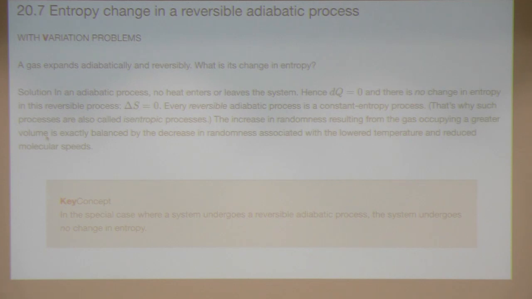That increase is balanced by the decrease from the lower temperature. The temperature is lowered, so there are fewer collisions going on. So the temperature balances out, and the system is in the same state that it was in before. So the change in entropy is 0 in that case. And that's why.